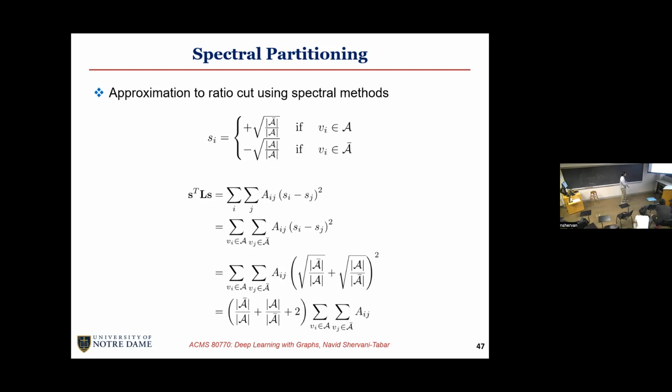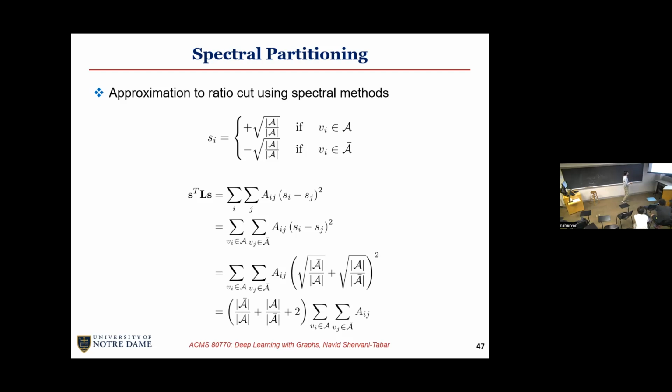And so now we have that, and we can write it in terms of different clusters, right? Because we have plugged in our S. So what that means is that if these two belong to the same cluster, what is this going to be? Si minus Sj is going to be 0, right?